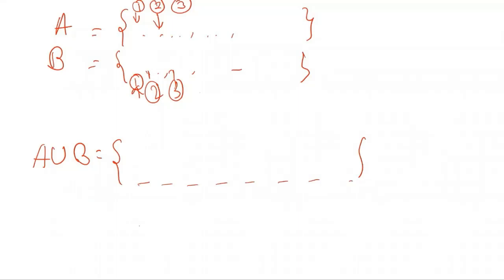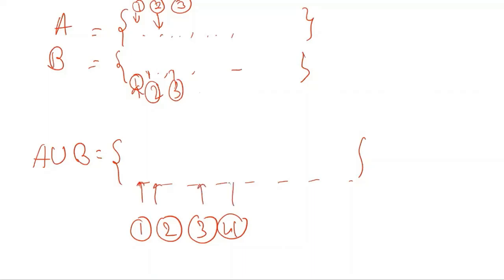So 1, 2, 3 like this. This is your order, and you should be able to assign elements here 1, 2, 3, and 4, such that all elements of A union B are covered in this order. So this is rather easy, right?